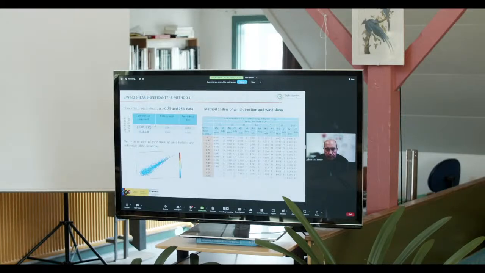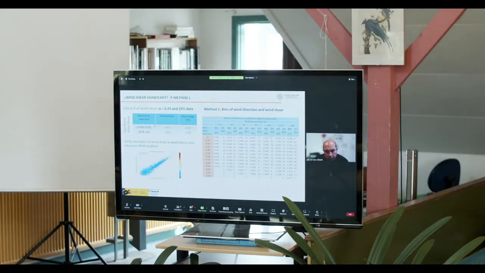Well, we have used method 1 in the IEC standard. This method uses bins of wind direction and wind shear, because in our case the wind shear is significant.